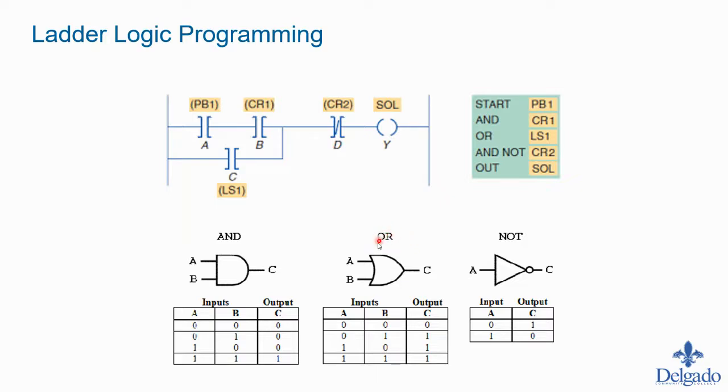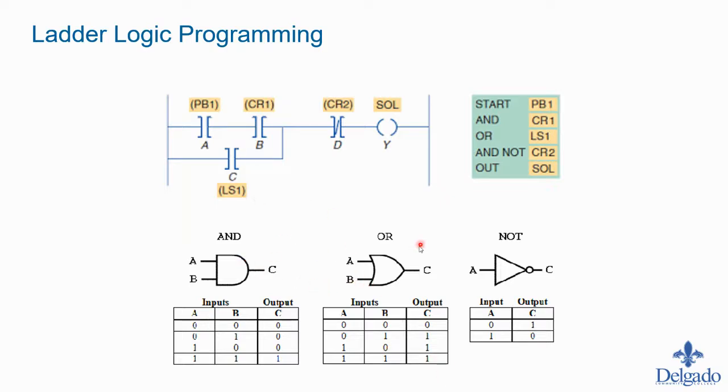The OR gate is A or B. If A is on or if B is on, then C will be on. So the only time that the gate is not on is when A and B are both off. If A is off and B is on, then on. If A is on and B is off, then on. If both are on, then on.